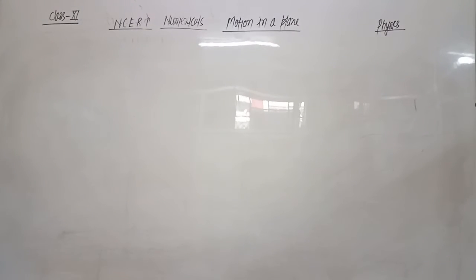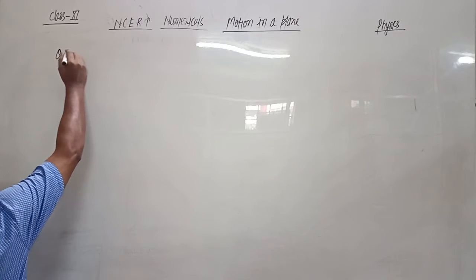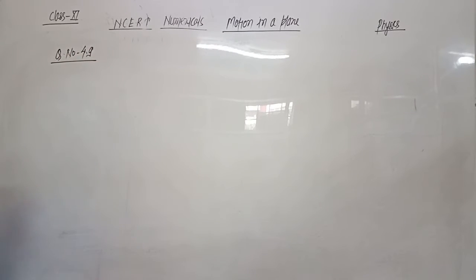Now the next question, question number 4.9. We have given that a cyclist travels from center O of a circular path.